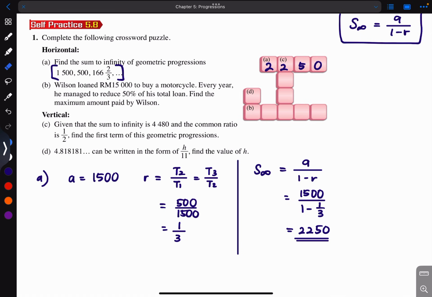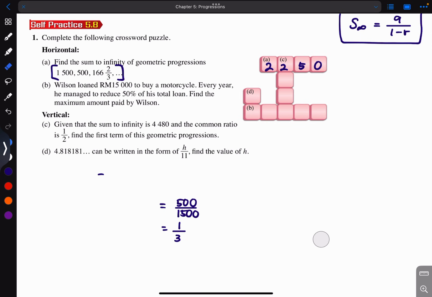Alright. Let's try B. Wilson loaned 15,000 to buy a motorcycle. Every year he managed to reduce 50% of his loan. Find the maximum amount paid by Wilson. Okay, so since this is just reducing by half every year, this will also be S infinity.